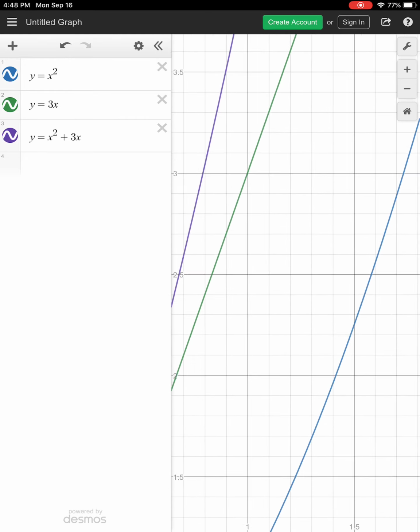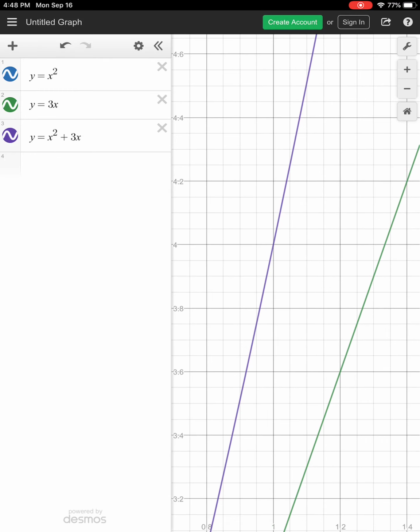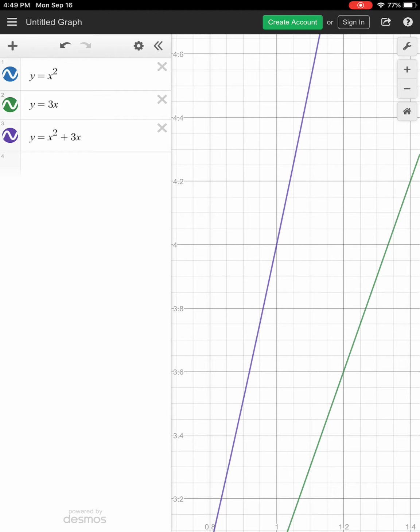We're actually way up here. If we look, it's locally linear, and it seems as if we start here, go up 5, and go over 1. So when we zoom in a lot, we get a slope of 5.